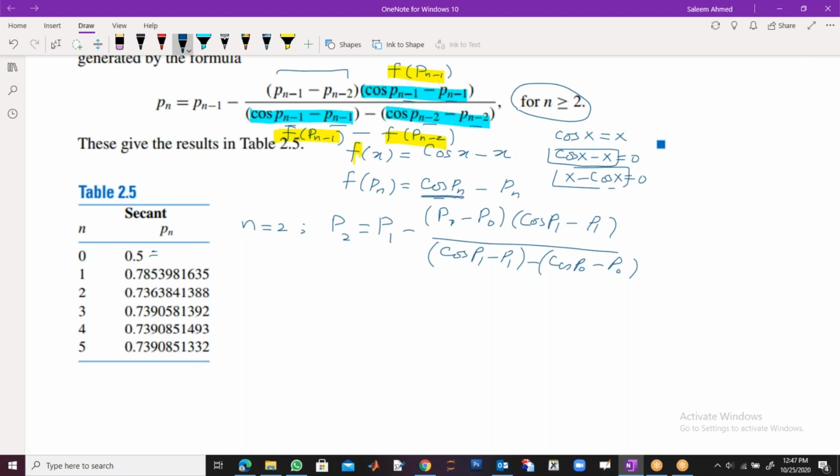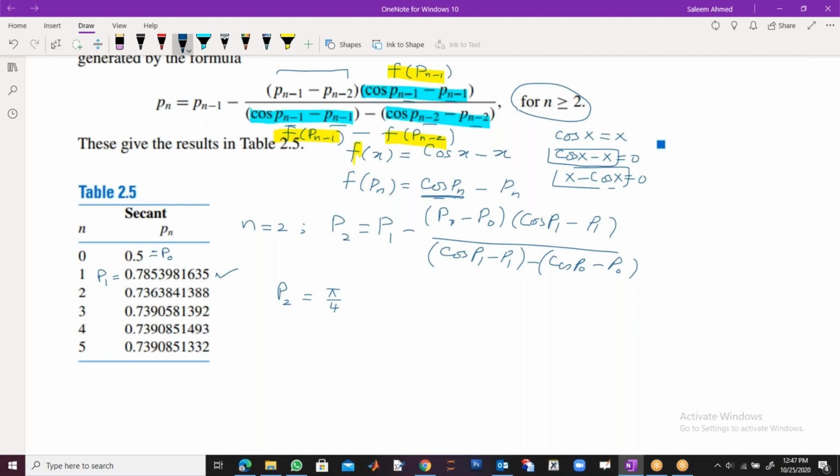Now, we took 0 and pi by 4 as our initial two guesses, P0 and P1. So I will get the next one. P2 will be, P1 is pi by 4, which is calculated in radians. It's not 45 degrees. Pi is 3.1416. If you divide 3.1416 by 4, you will get 0.7853.